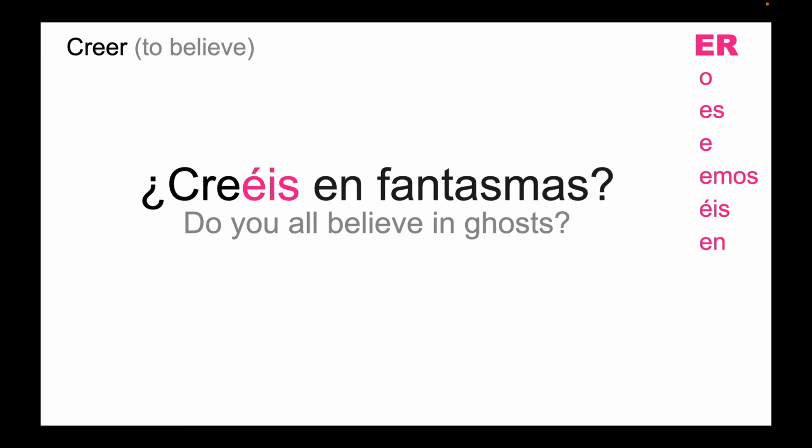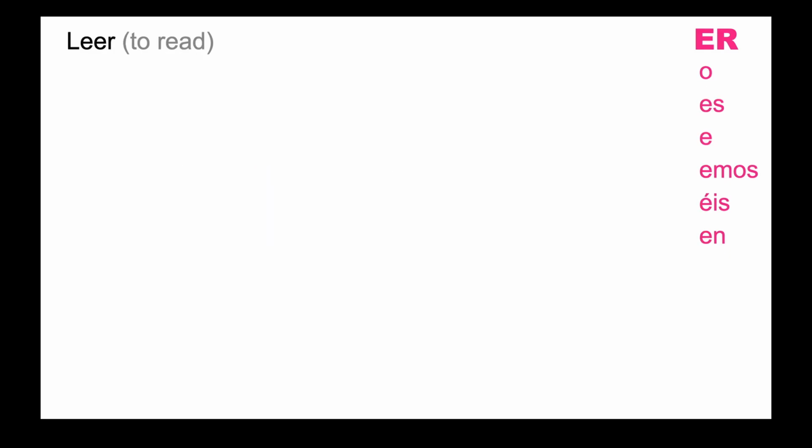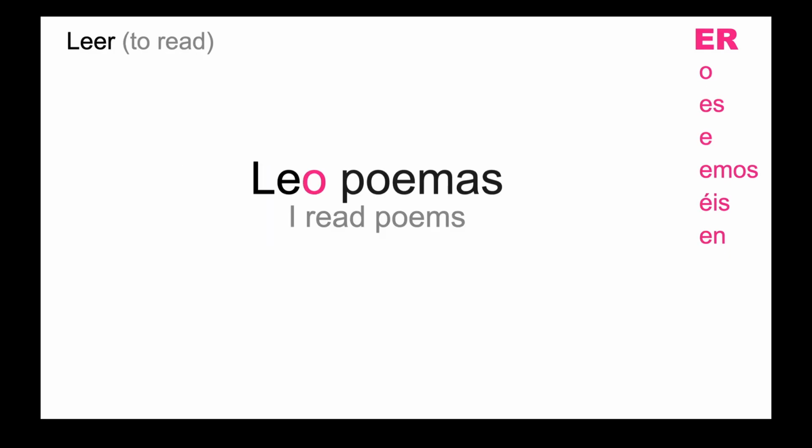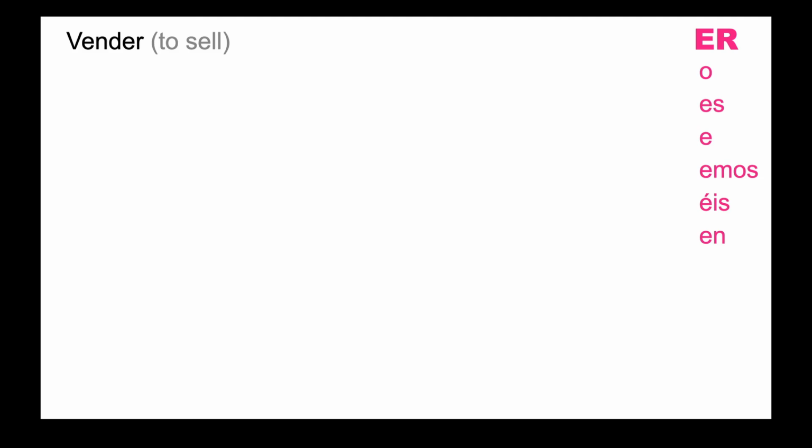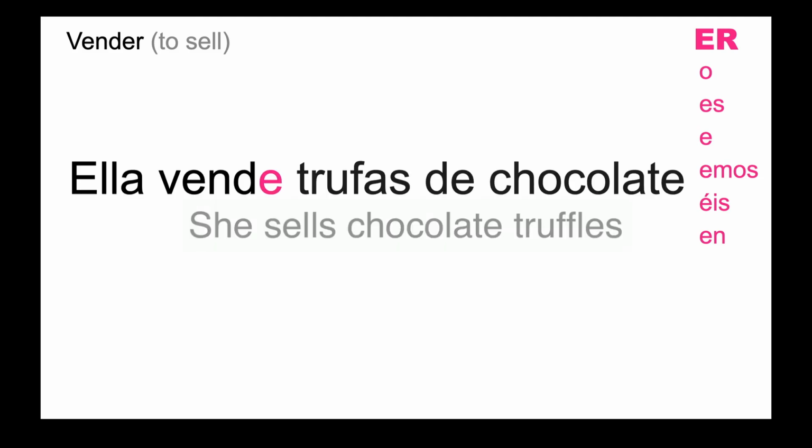And this is using the vosotros form. If I were in Latin America, I would say, ¿creen en fantasmas? Leer, to read. Leo poemas. Vender, to sell. Ella vende trufas de chocolate.